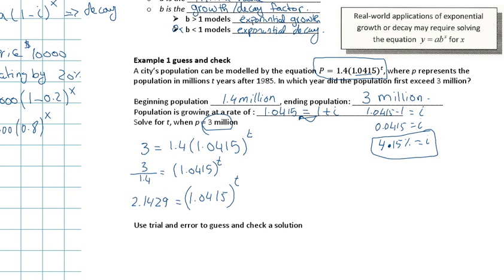Okay, how about 18? What did 18 give you? 2.079. So if you do 18, sorry, just one second. What did that give you?